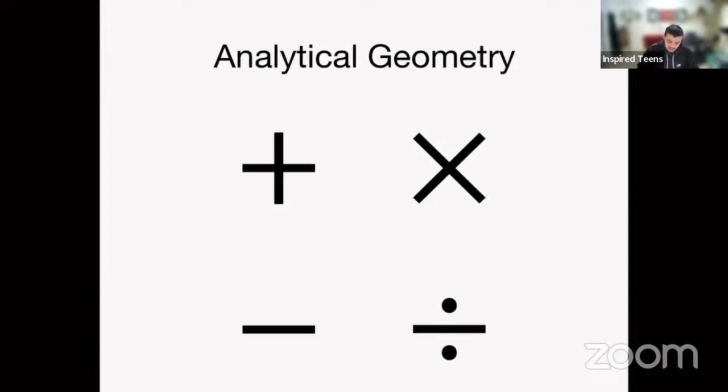And a straight line that's parallel to the y-axis, that would be known as a horizontal line. So that's basically what we're here to discuss, the gradients of a vertical line and a horizontal line.